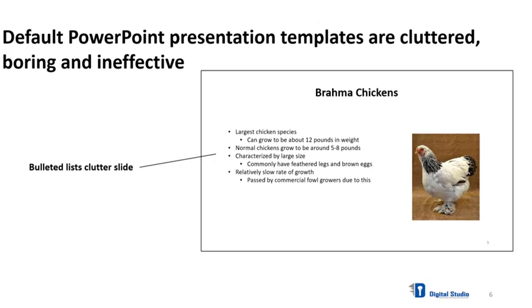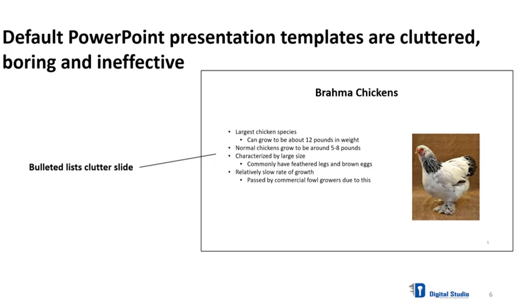So with the default PowerPoint presentations, most of them that you see will provide a title, and they'll give you a box with a bunch of bullet points in it. So this is really not what you want to do. Here's an example of a bad PowerPoint presentation slide.